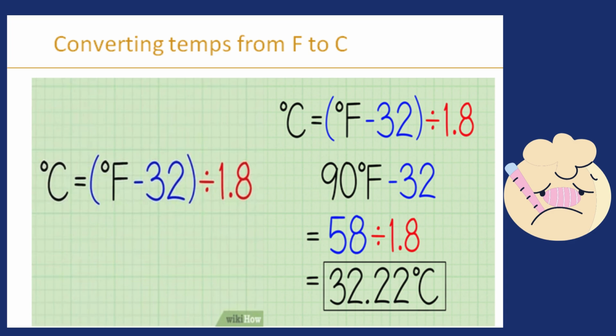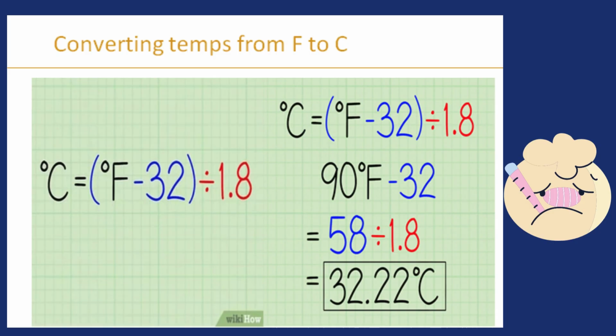Memorize. So let's say the patient's temp was 90 in Fahrenheit. I'm going to substitute 90, subtract the 32, and that gave me 58. Now I'm going to take 58 and divide that by 1.8, and the answer would be 32.22 Celsius.